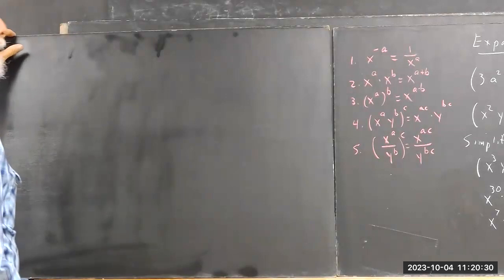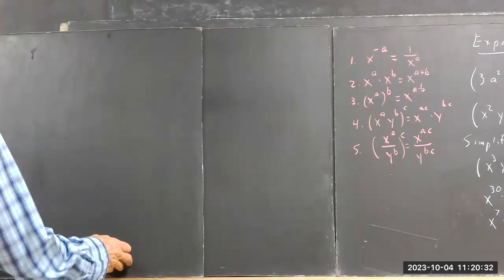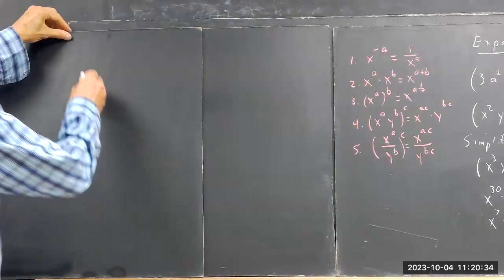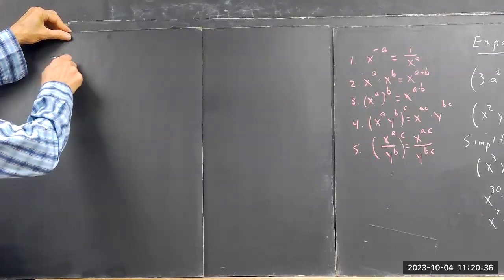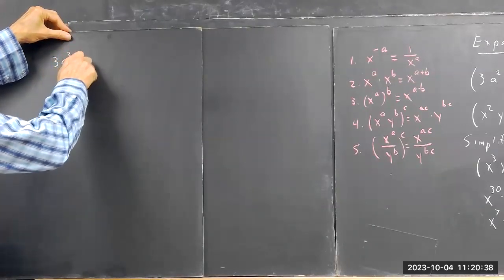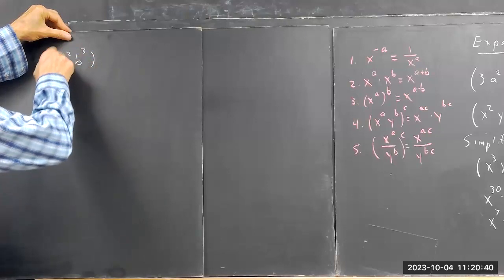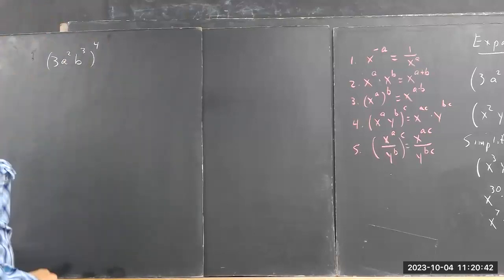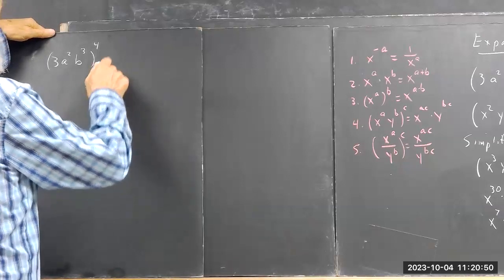And let's start with 3a squared b cubed, the fourth. Now, the way at least one person wrote this out is like so.